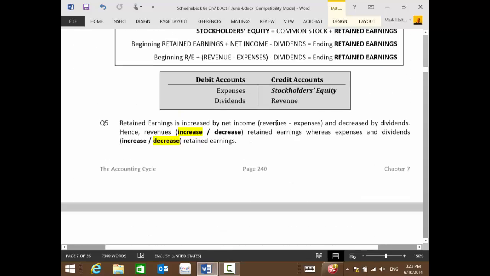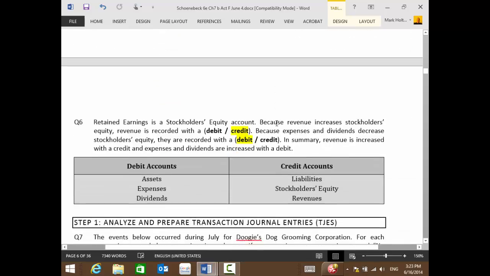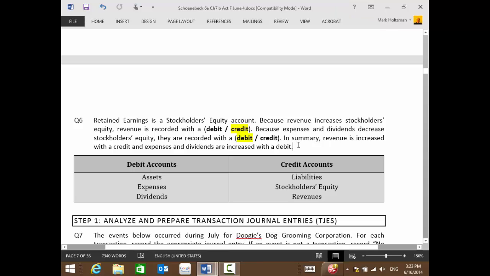Let me just clear up one little confusion. When they credit your bank account, it increases. Why is that? You call the bank and they say we're going to credit your account for $100, and the balance goes up. I just said when you credit cash, it goes down. What kind of account is your bank account on the books of the bank? It's not cash. It's a liability, because they owe you money, right?